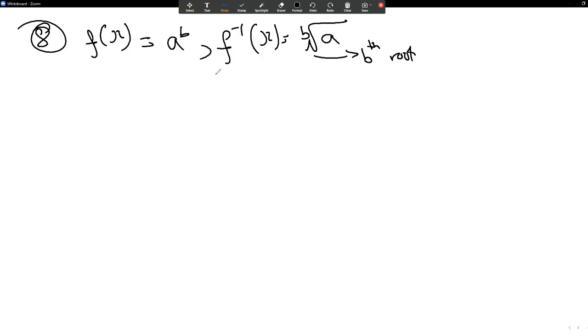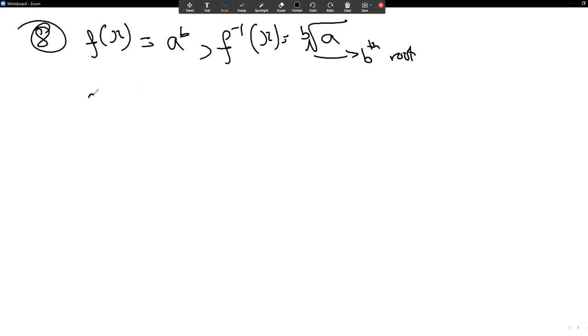Basically what that means is if the bth root of a equals k, or c, let's say, that means that a equals c to the b, because they're inverses, like that. And yeah, that's basically how you do it.